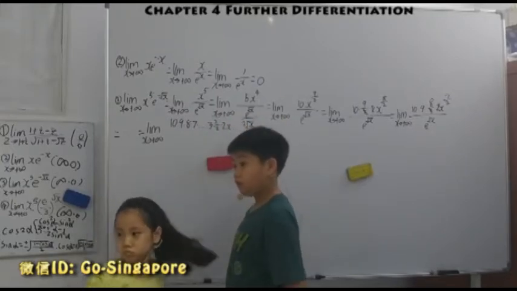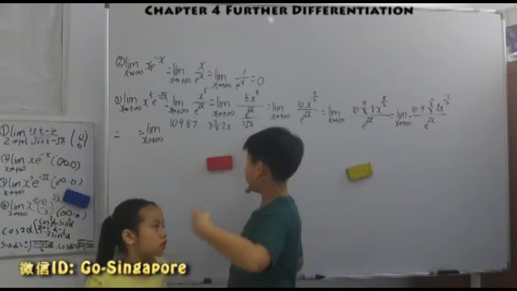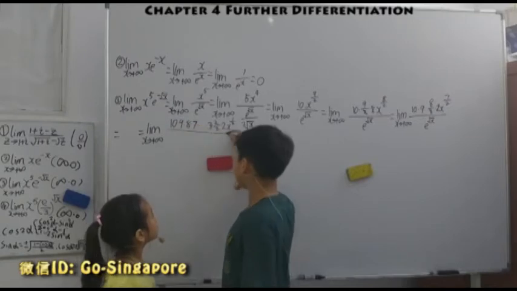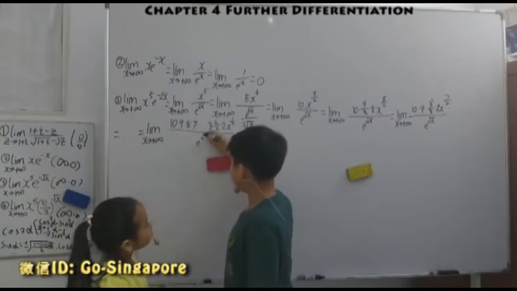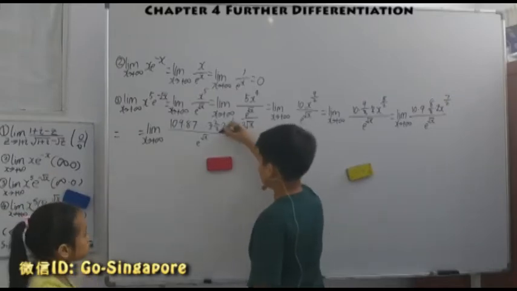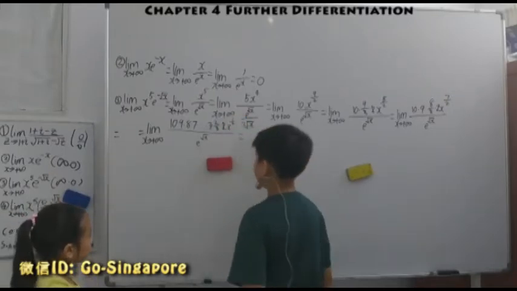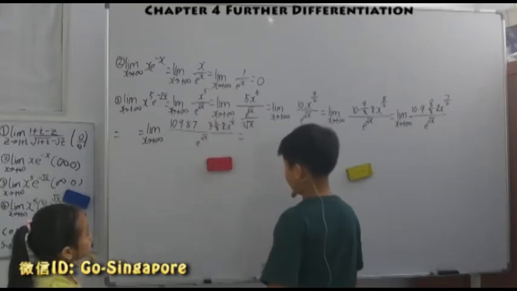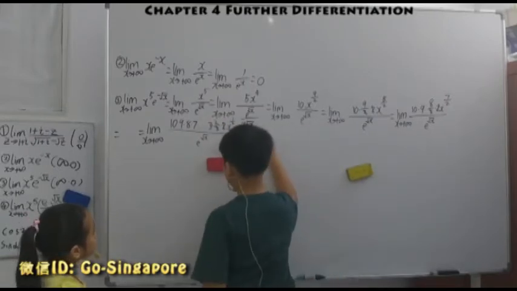At first it becomes 0, then plus 1 more, half, right? Then this is just e to the power of square root x. Cancel. Yeah, 3, 2, right? The next is finally the 1.